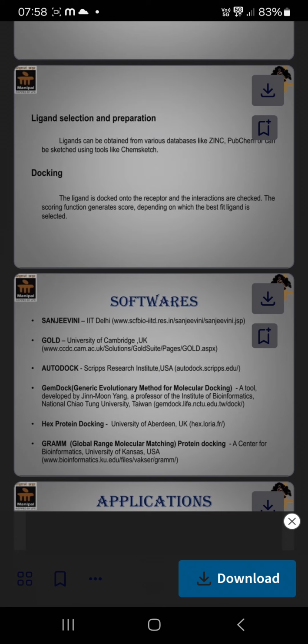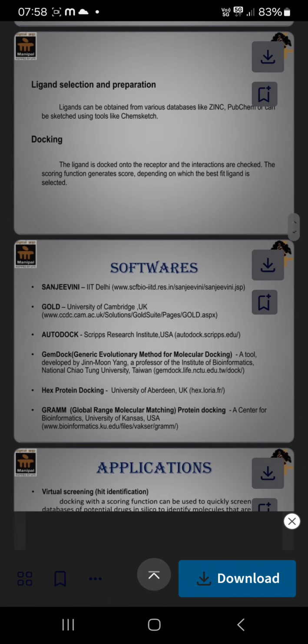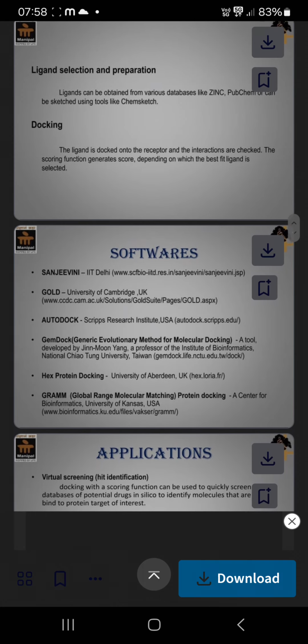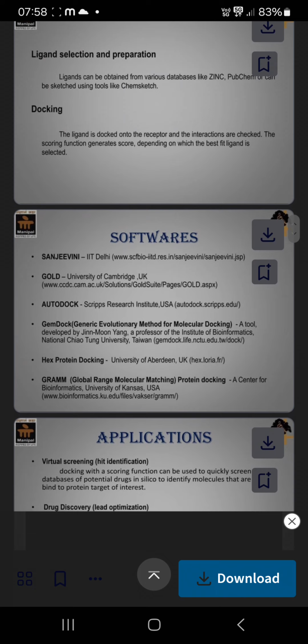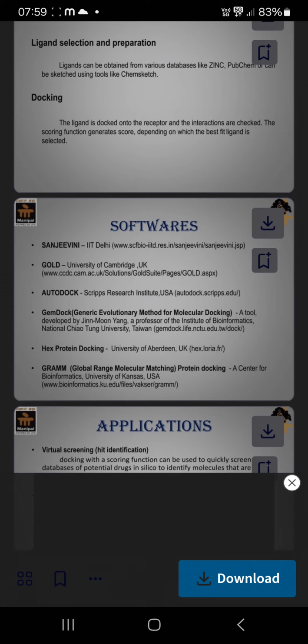Now I am talking about the software. A plethora of software is used for docking. Some of them I have here, which I have to mention. Sanjeevini, IIT Delhi. You can go through this website. GOLD, University of Cambridge. You can go through this site.